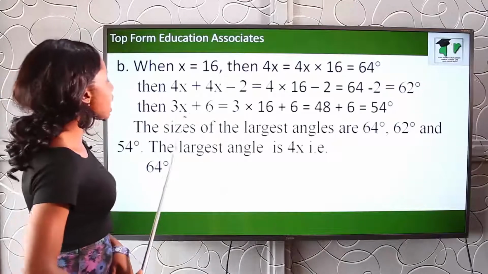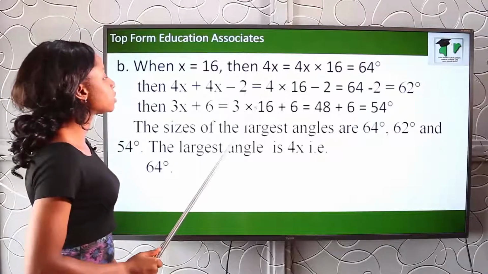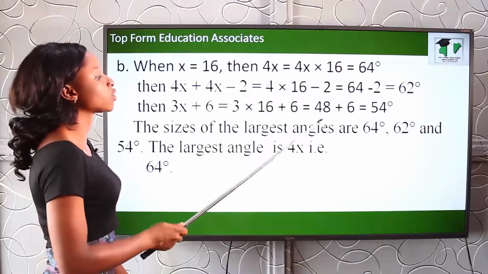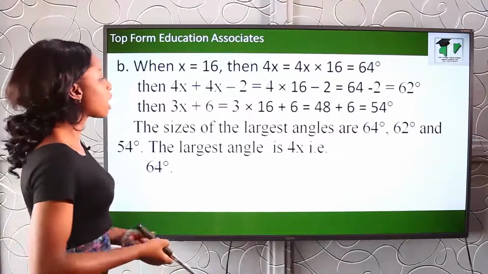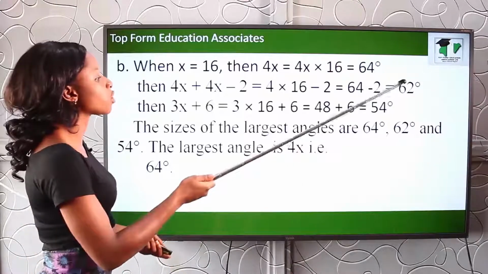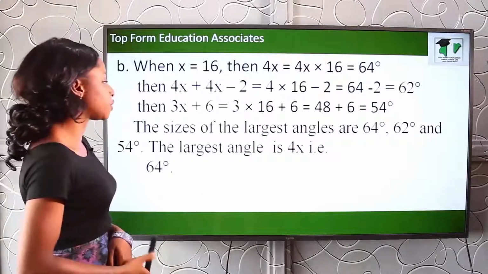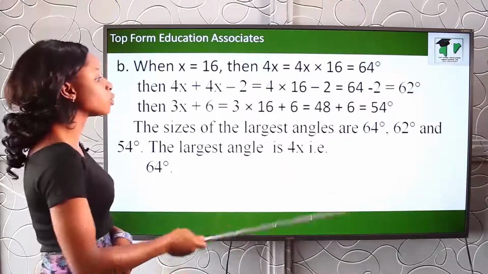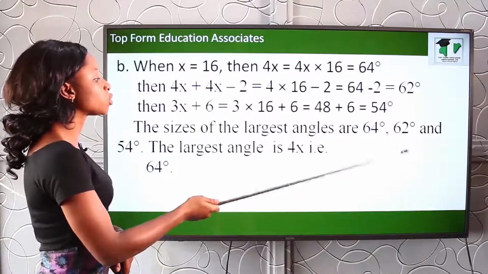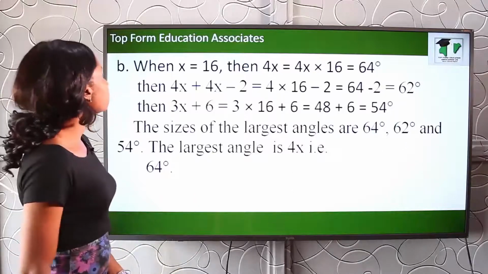Then 3x plus 6 will be 3 times 16 plus 6, which is 48 plus 6, giving us 54 degrees. Therefore, the angles in the triangle are 64, 62, and 54. Just by looking at it, we know the largest angle is 64 degrees, which is 4x.